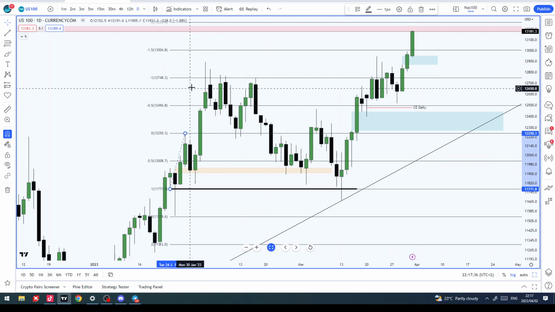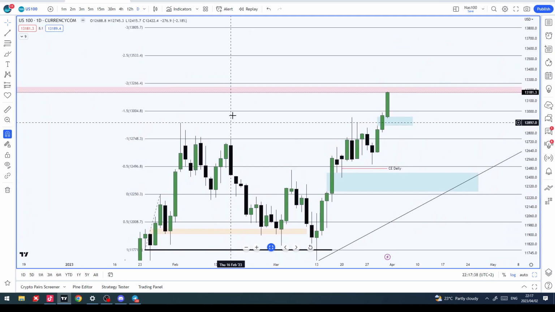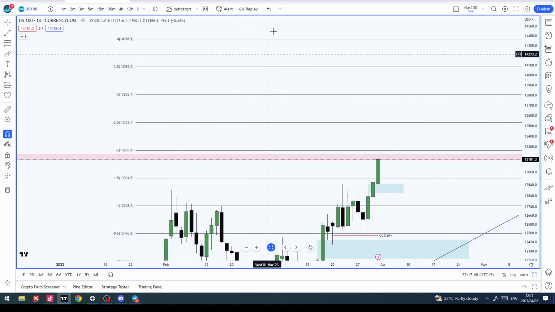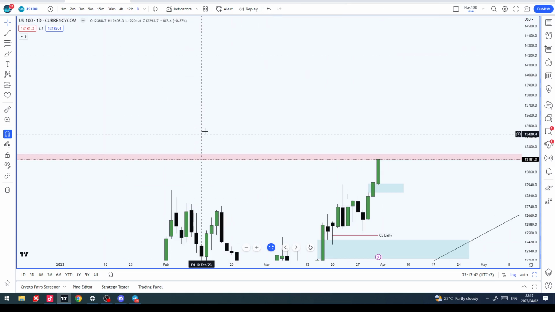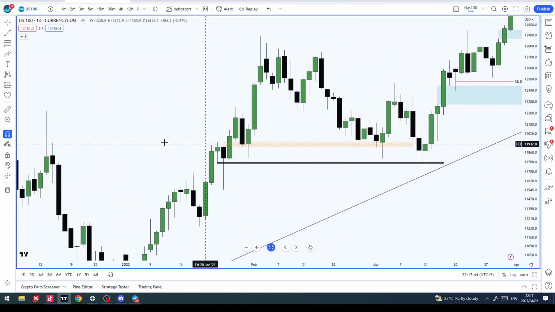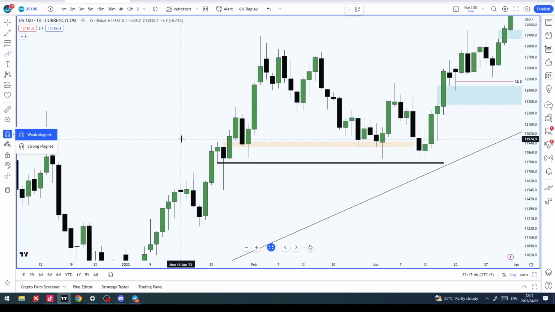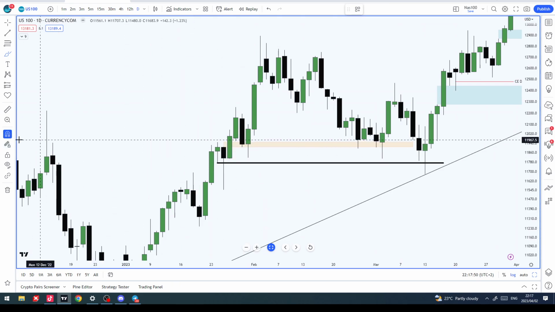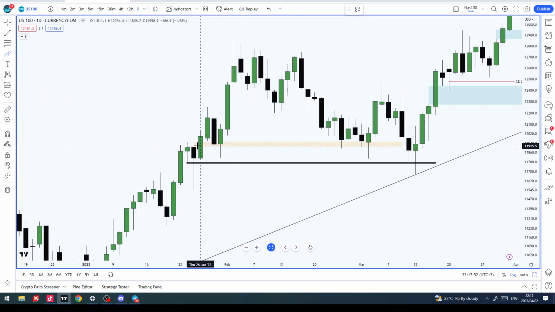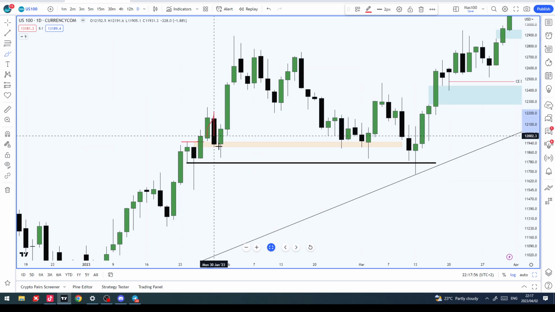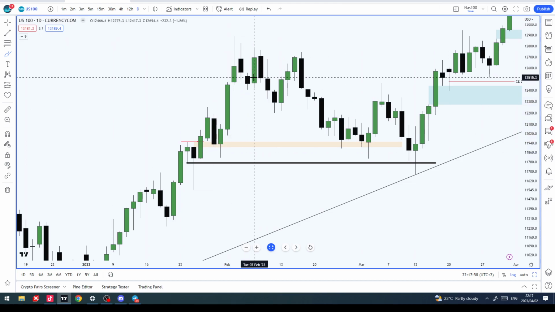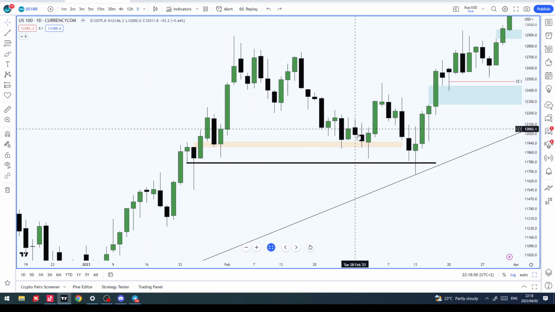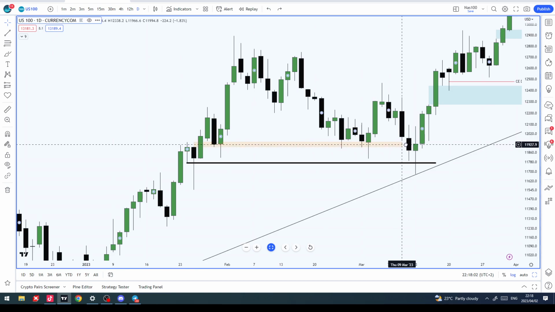I can project that upward, 1 standard deviation, 2 standard deviation, 3, 4, 5, so on, right? That's on a daily. Price created another high. Sorry, we broke a high here. It pulled back and then it moved away. Now at this particular point, you see this little orange box that I have here.